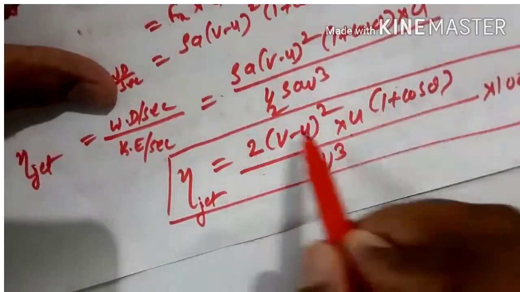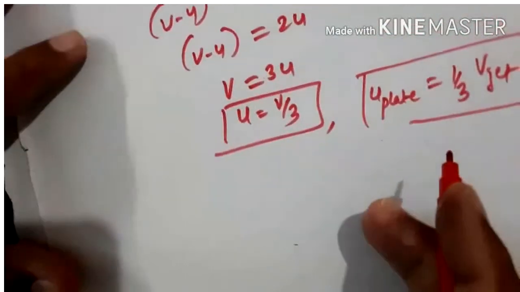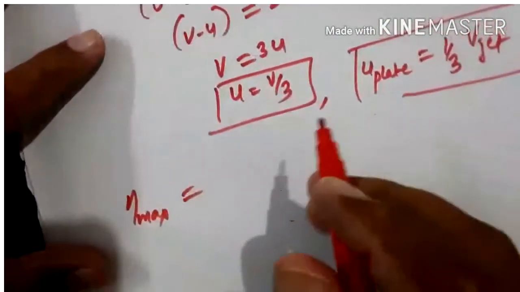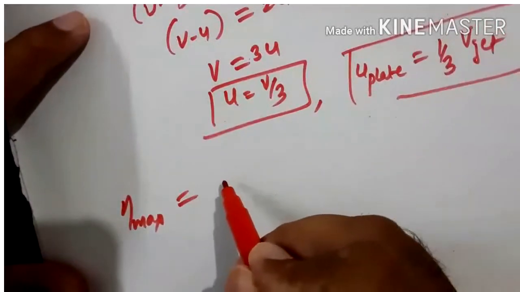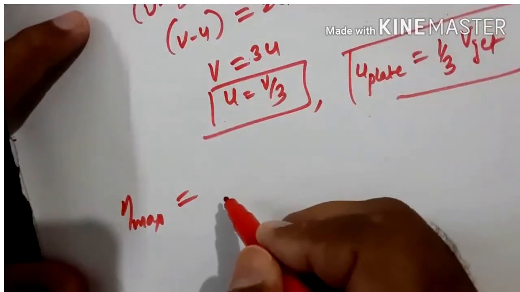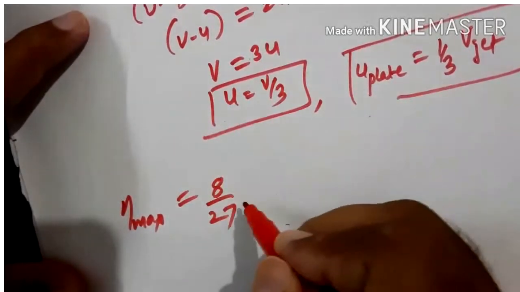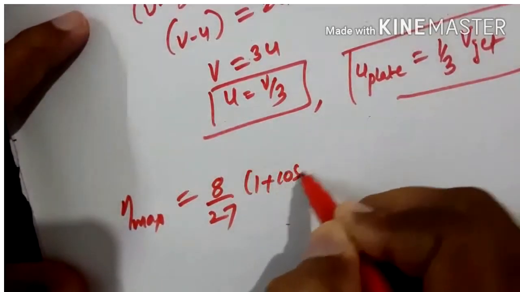When you substitute, we get 8 by 27 into 1 plus cos theta.